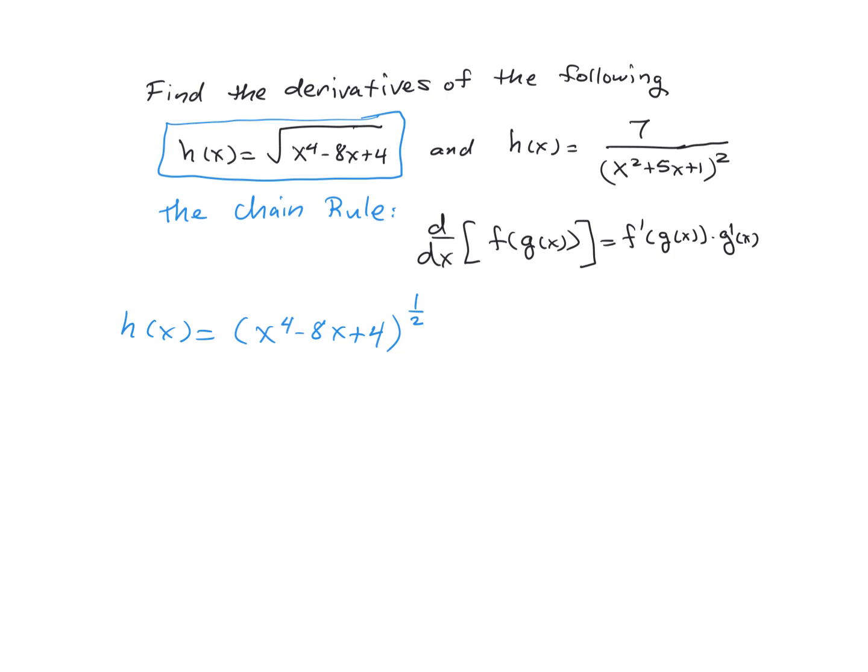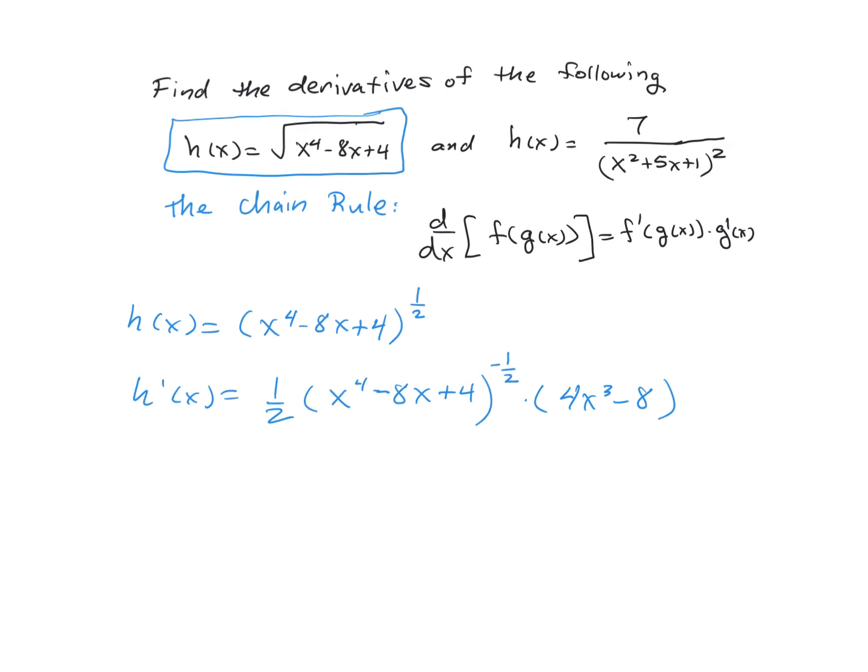So our h prime of x is going to be 1/2 times that quantity, x to the fourth minus 8x plus 4, now to the negative 1/2 power, because we subtract 1, times the derivative of the inside, which is 4x cubed minus 8.